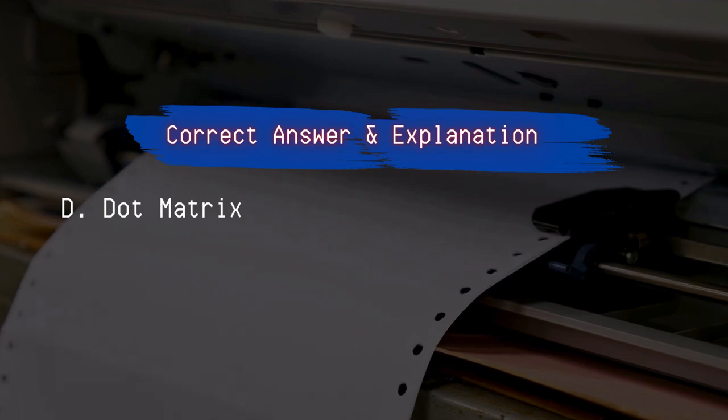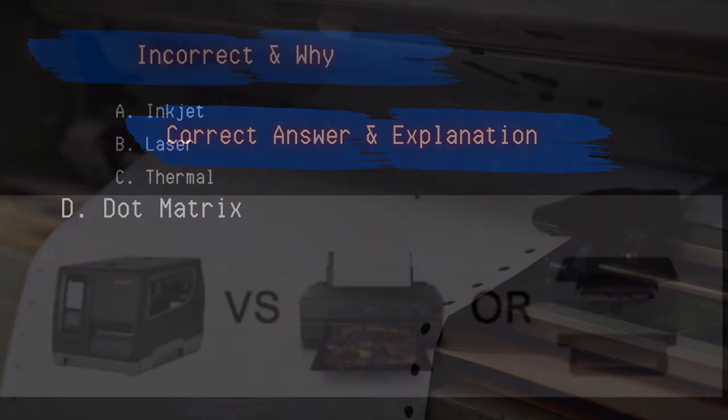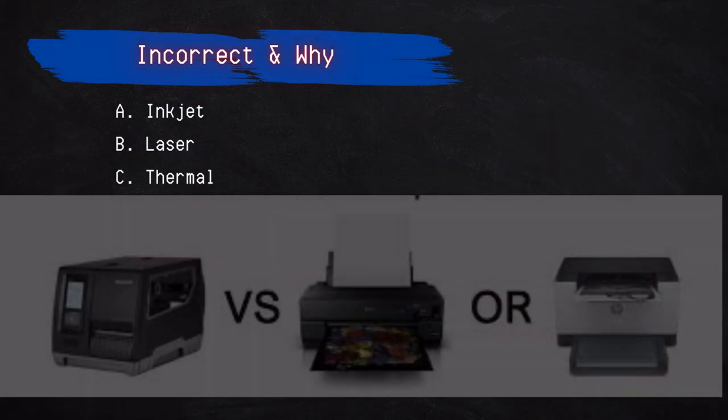Now, dot matrix printers can handle continuous feed paper and print multiple copies with carbon paper. Incorrect answers. A. Inkjet. Inkjet printers aren't suited for carbon copies. B. Laser. Laser printers don't support continuous feed or carbon paper. And C. Thermal. Thermal printers are mainly used for receipts and labels, not multi-part forms.